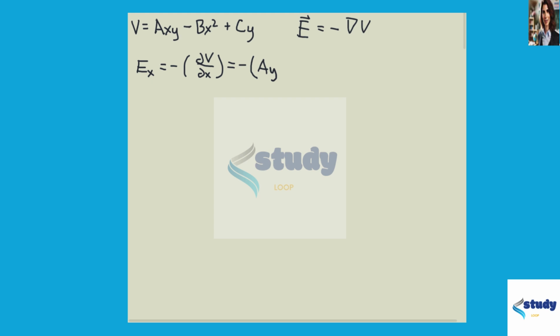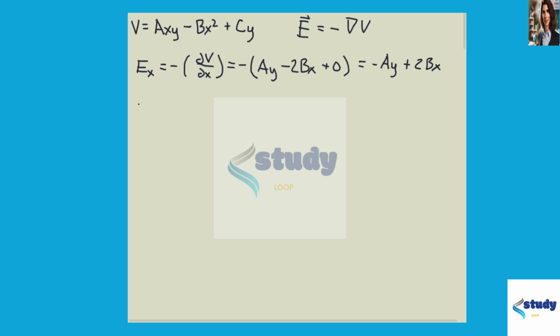For the second term, we'll have 2bx. And for the third term, there is no x, so we'll have just 0. So for the component of the electric field in the x direction, the x component will be equal to minus ay plus 2bx.